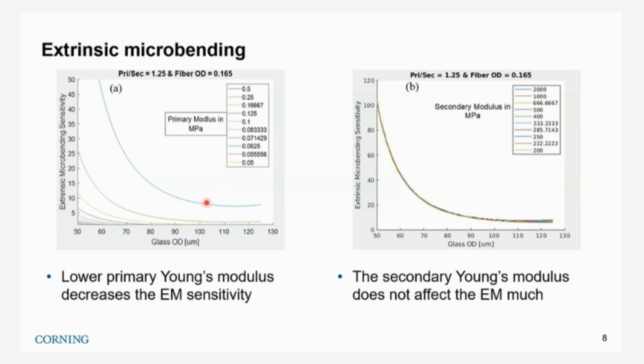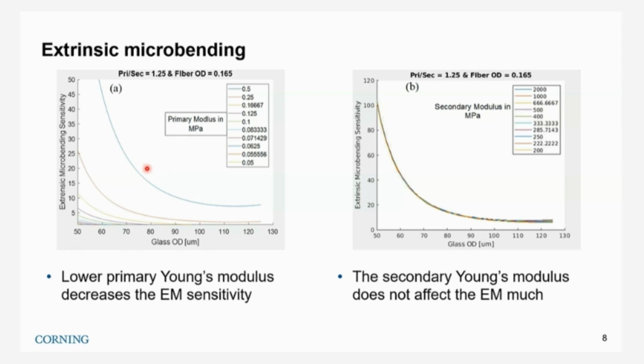These two graphs, one shows the extrinsic microbending as a function of the glass diameter, but for different primary coatings. As I mentioned, the primary coating is very important for the microbending performance.